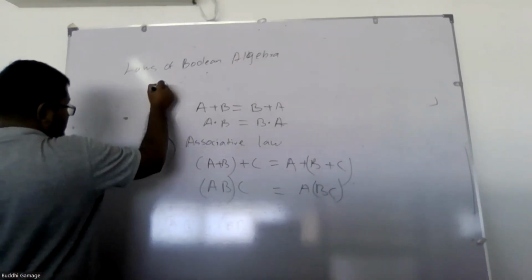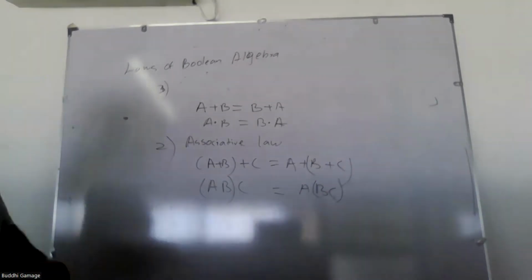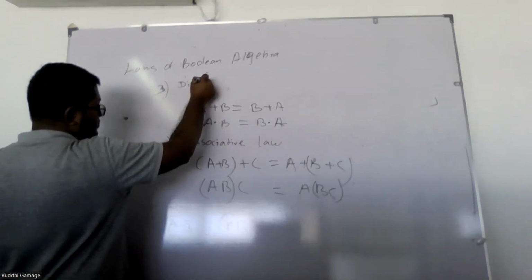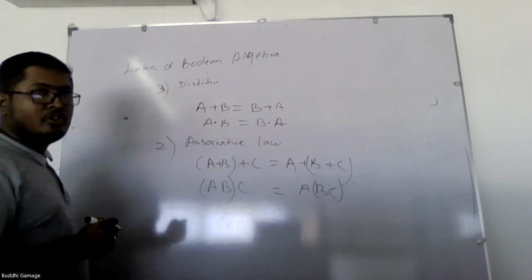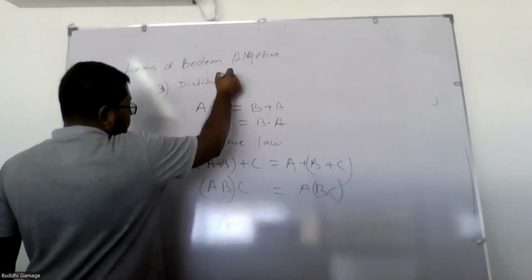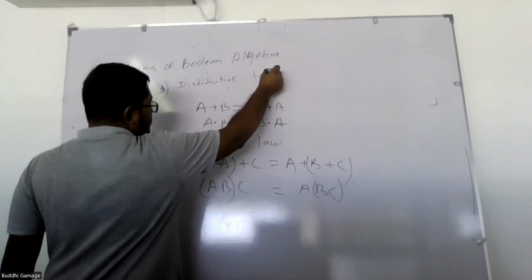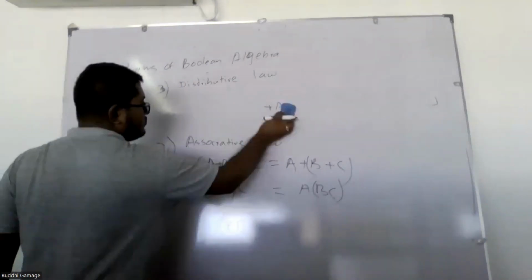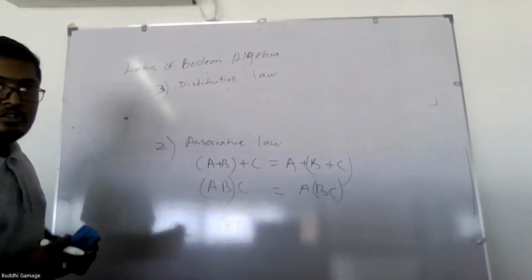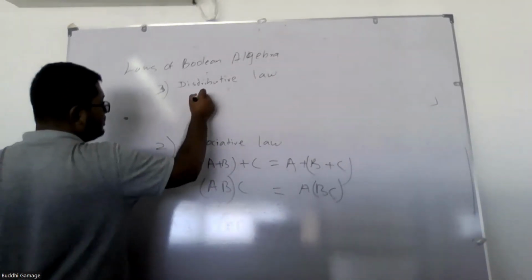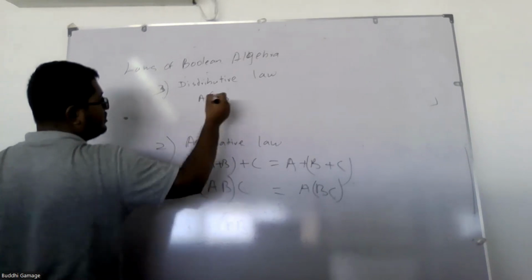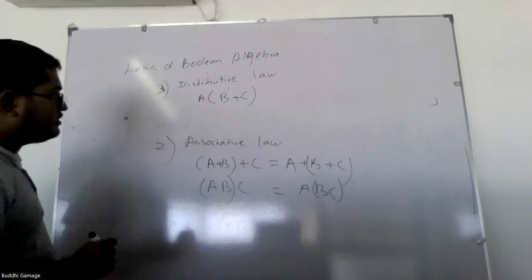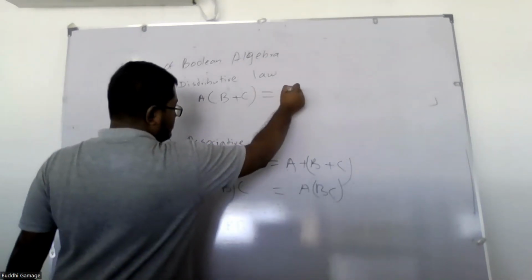The third one is the very important distributive law. Remember, we have only two outcomes in Boolean algebra.